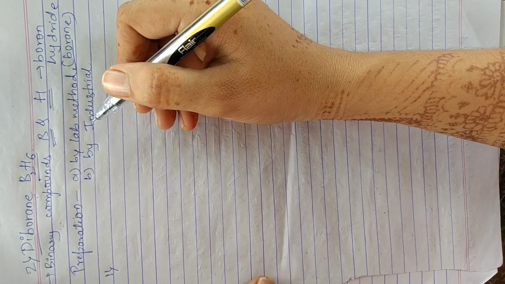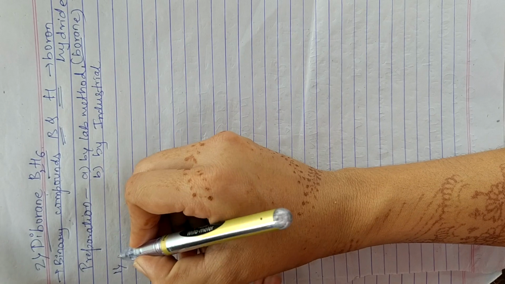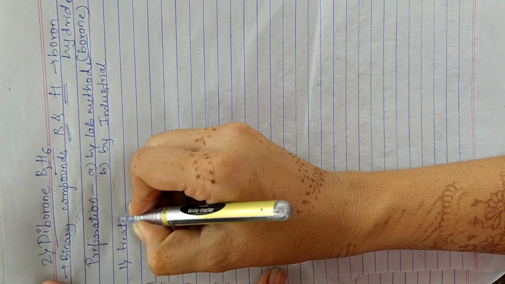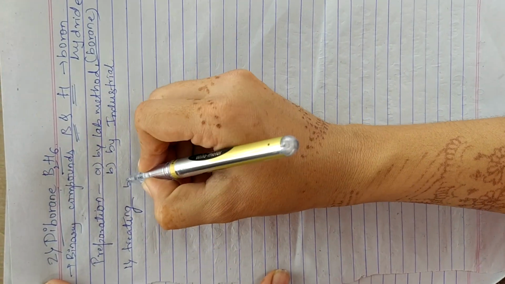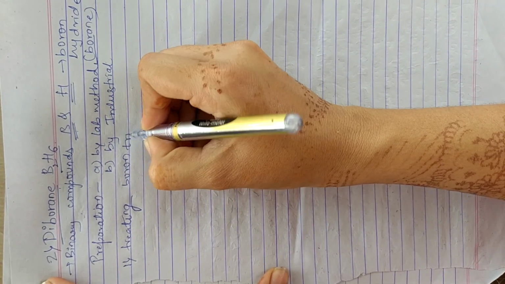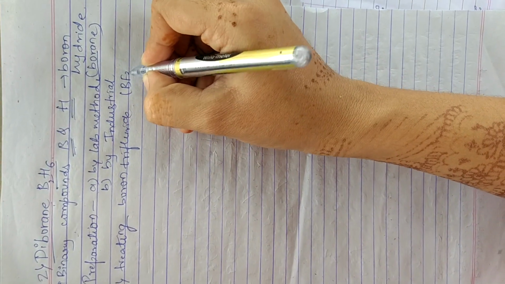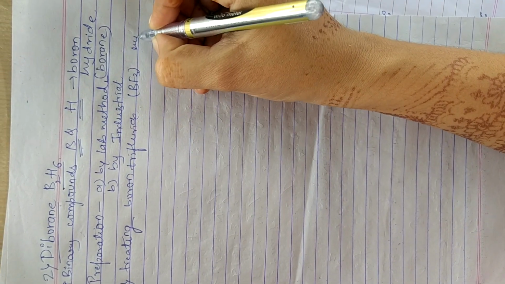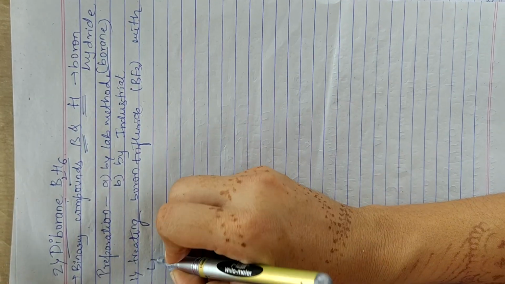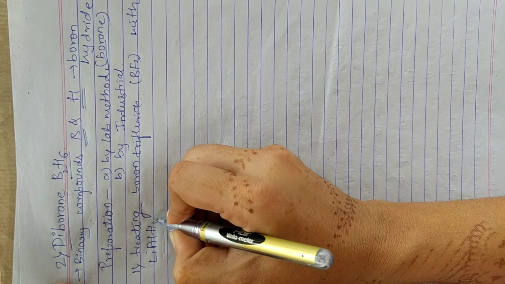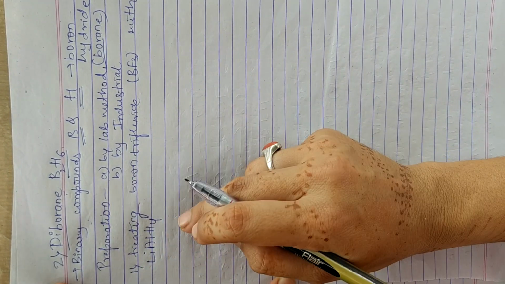In the laboratory method, diborane is prepared by treating boron trifluoride, that is BF3, with lithium aluminium hydride. This is the first preparation by the laboratory method.